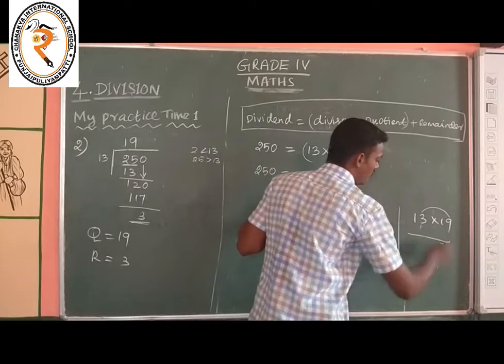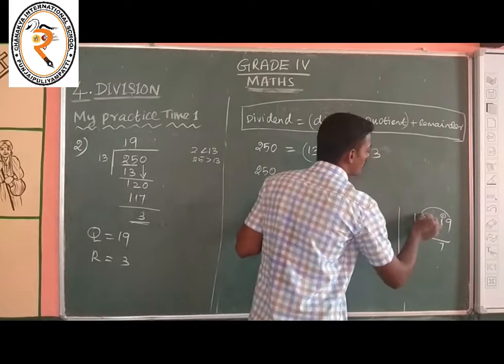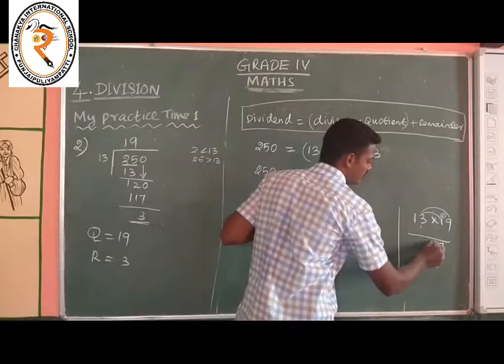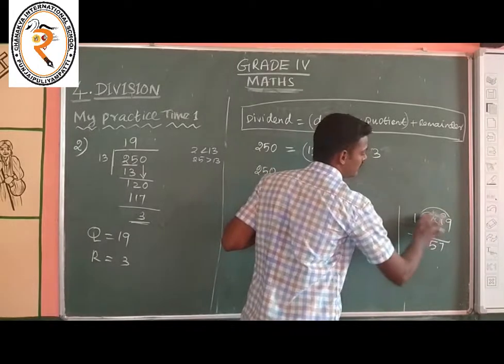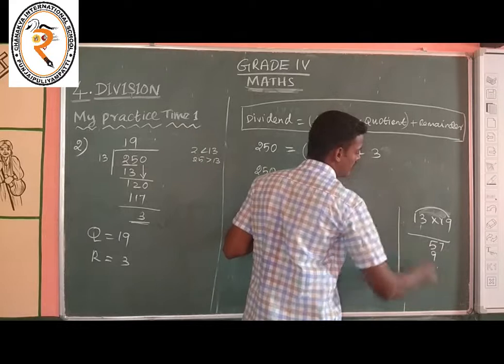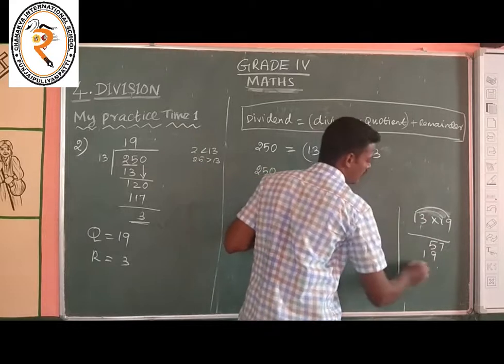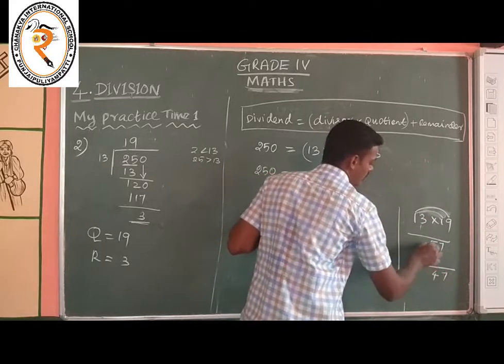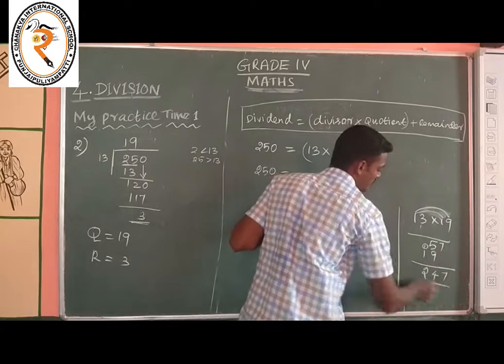So 7, balance 2. 3 1s are 3. 3 plus 2, 5. So 57. Next multiply 1 9s are 9 and 1 1s are 1. So 7, 14, balance 1, 2, 247.